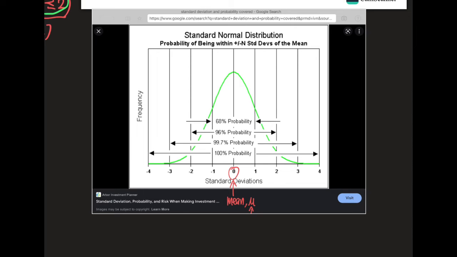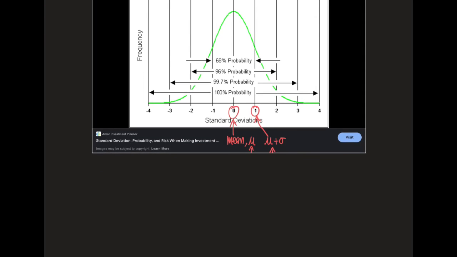One standard deviation away from the mean is mu plus sigma, and the other is mu minus sigma. These two values are called one standard deviation from the mean.